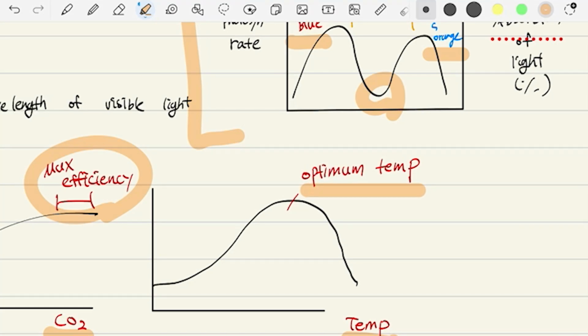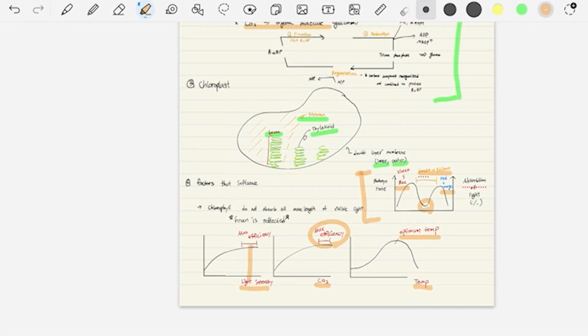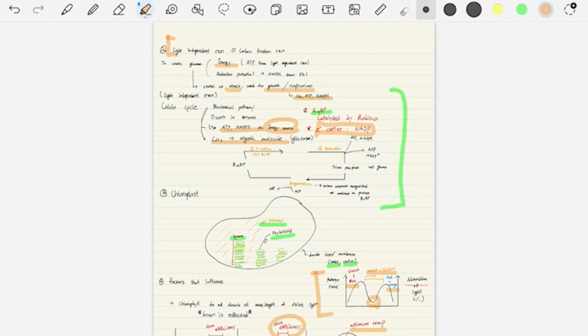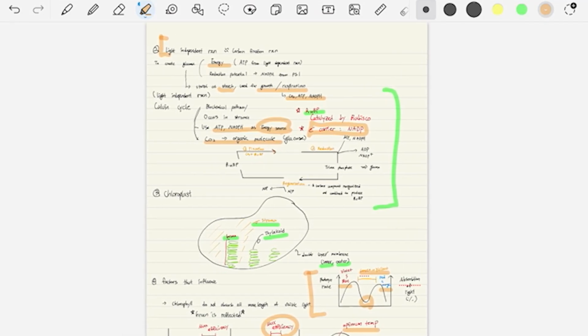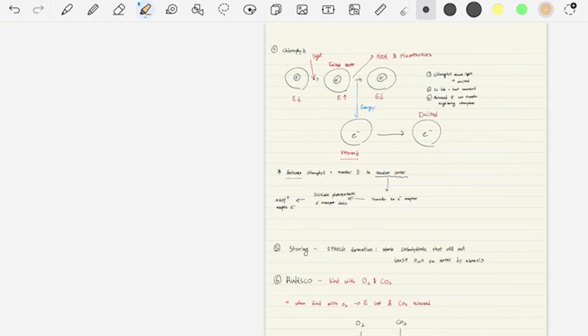Once the temperature reaches the optimum temperature where the rate is the highest, the photosynthesis rate slowly decreases as the temperature goes up because extreme temperature can harm the protein and they can denature it, which will eventually lead to deceleration in chemical reaction rate.